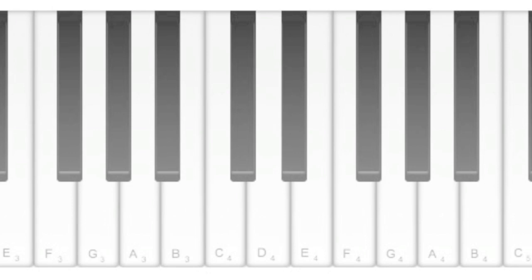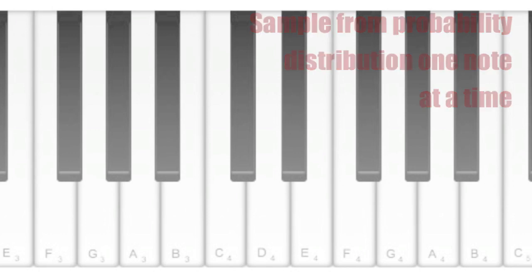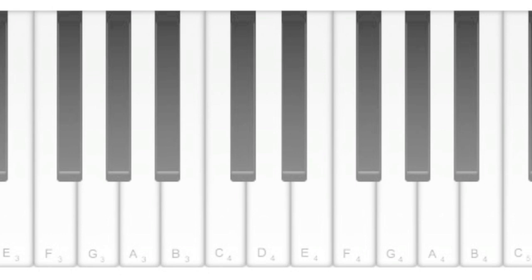But since we only predict one note at a time without knowing what's come so far, we can end up picking notes that belong to these two separate chords, G and B from G major, but A from F major. That doesn't sound as nice, or at least not as normal.